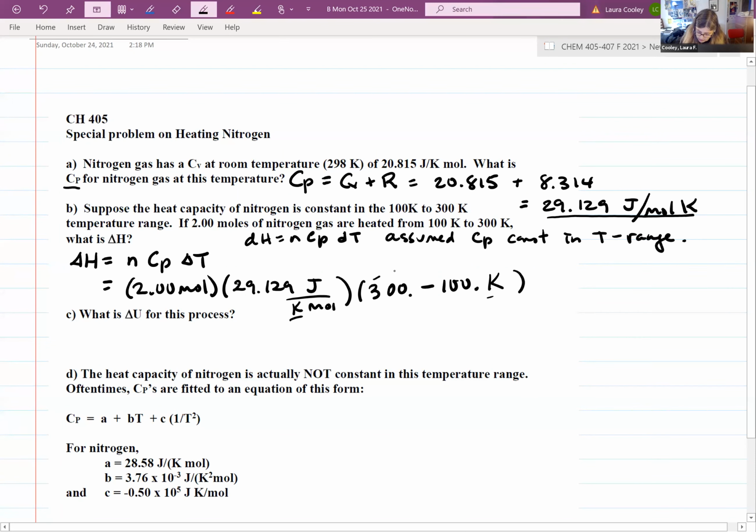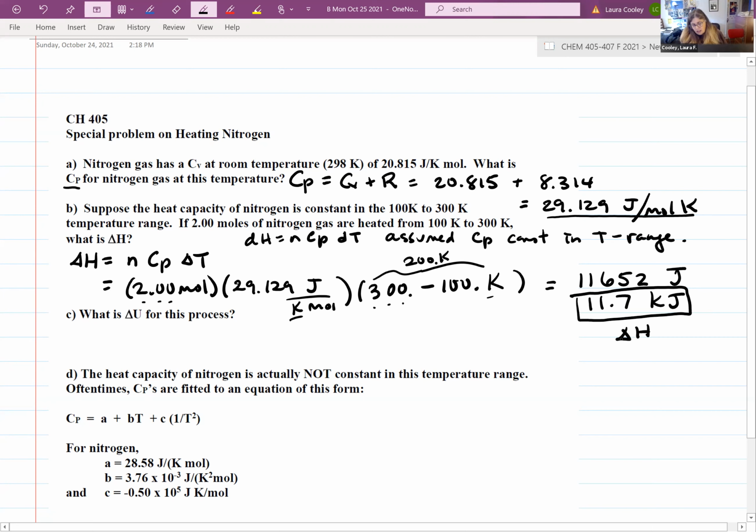So that's just 200. And when you do the math, it comes out to 11.652 kilojoules, but it's only 3 sig figs. These numbers are only given to 3 sig figs, so it's 11.7 kilojoules. So that's the delta H.